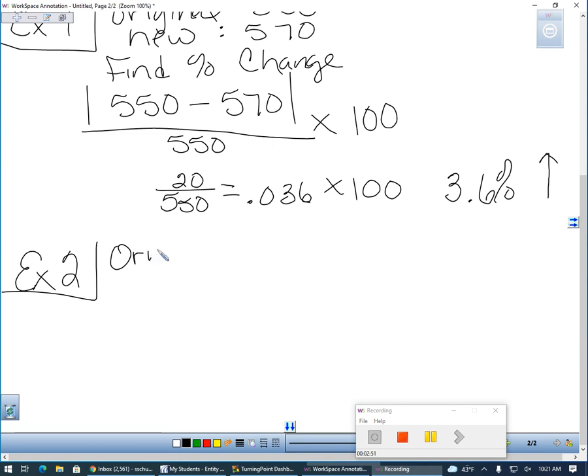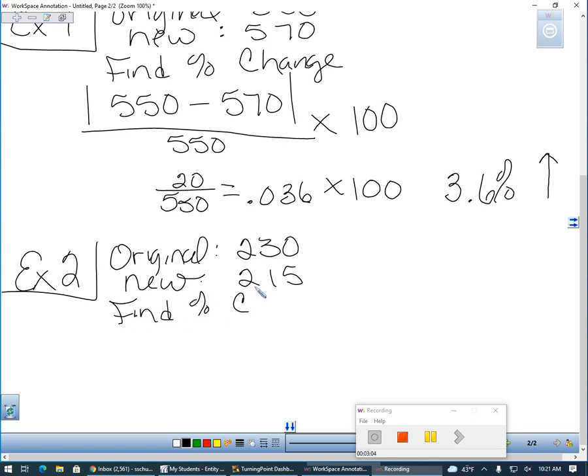All right, how about this one? If I say the original was 230, the new is 215. Find percent change.